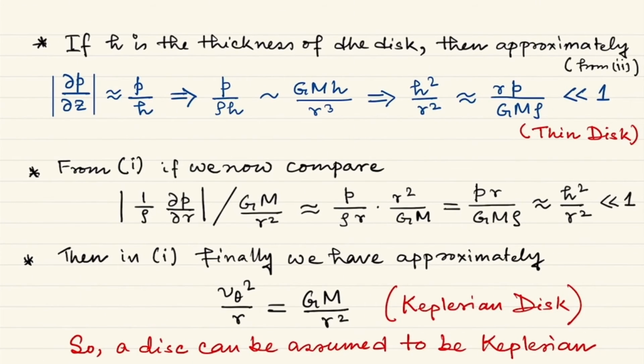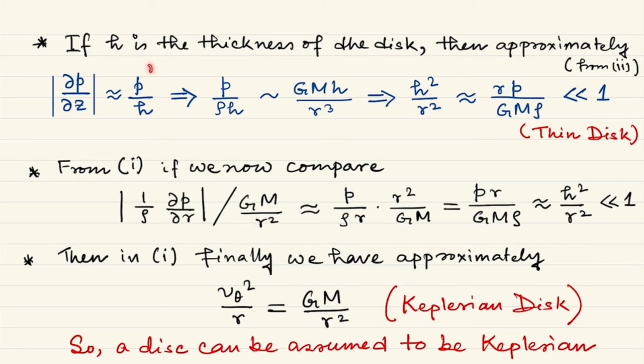Now we assume that h is the thickness of the disk, which is also a very small quantity. Then approximately we can say that del P del Z, that is the change of pressure as a function of Z, is a linear function of Z. This is a fair assumption.